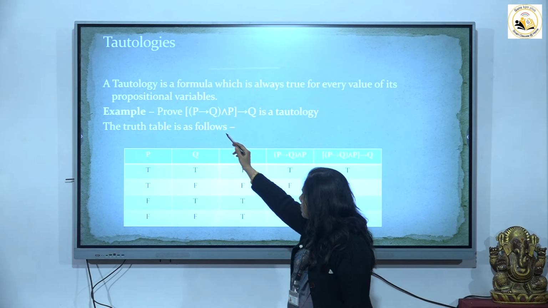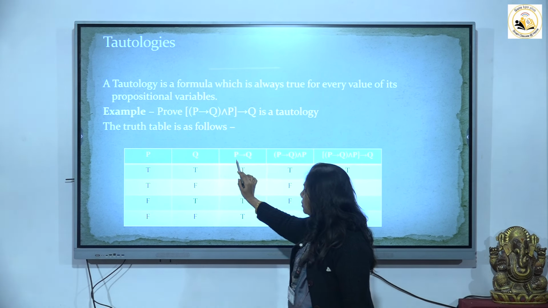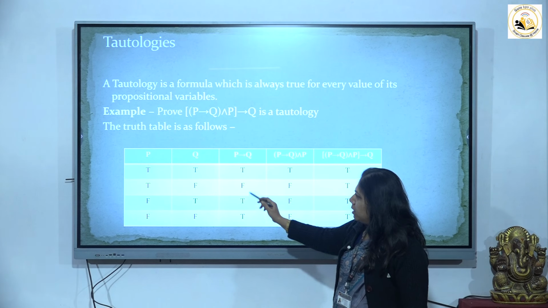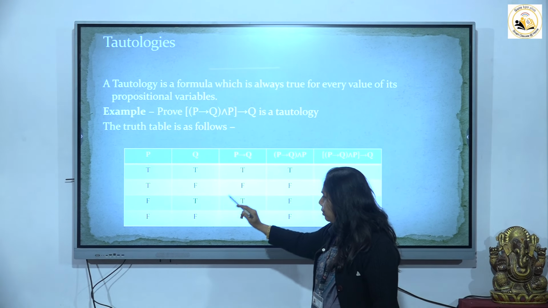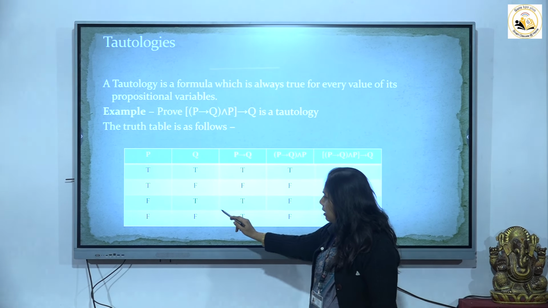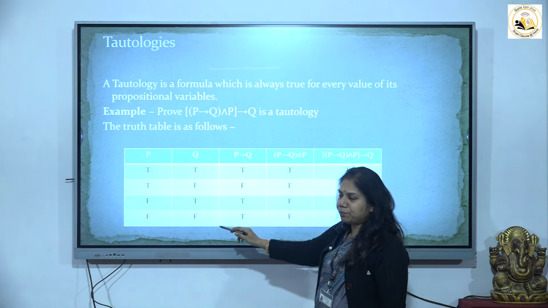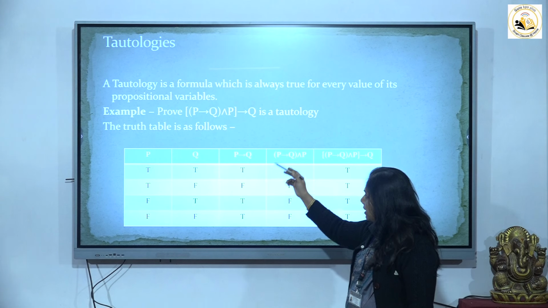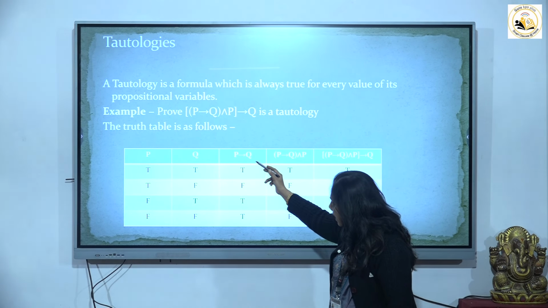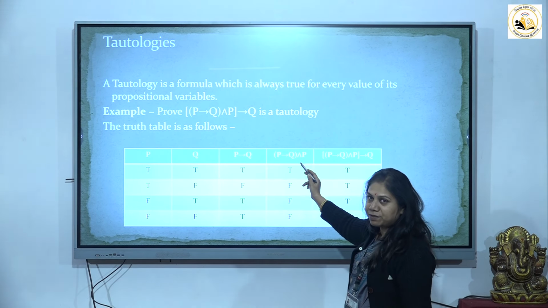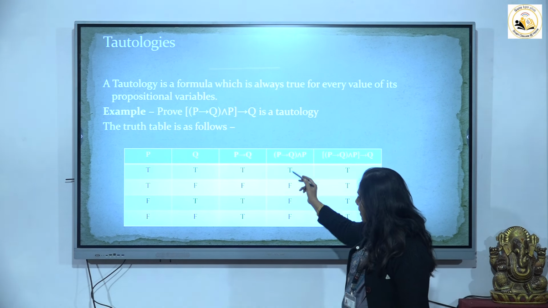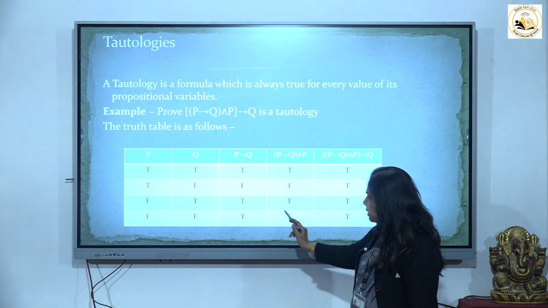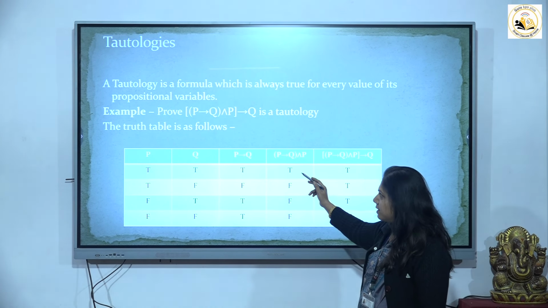First, the statement P implies Q, which I calculate in the third column: both true is true, one true and one false is false, both false is also true, right. So, its truth table is here. Then after getting this result, I have to combine it with AND P. The AND P result is: both true is true, if one of them is false, then false. So, this result is here.